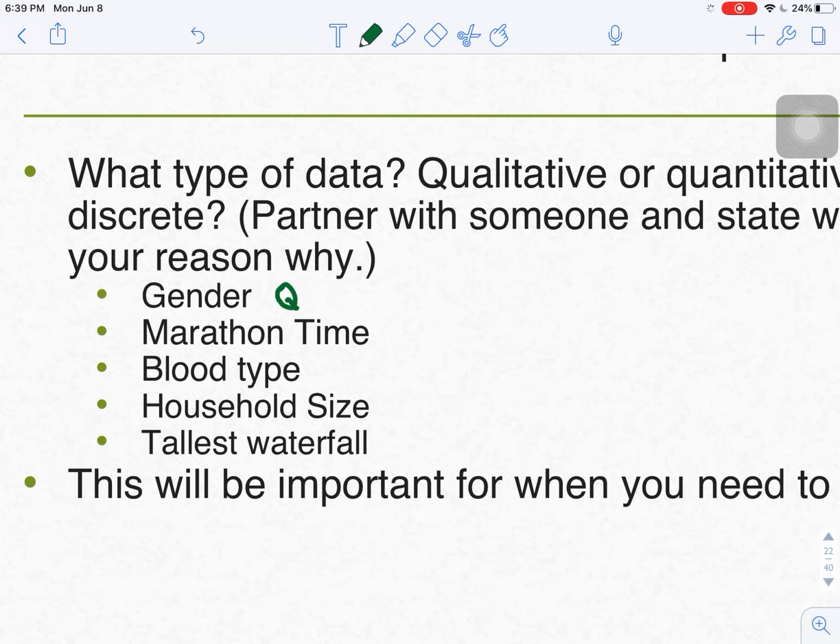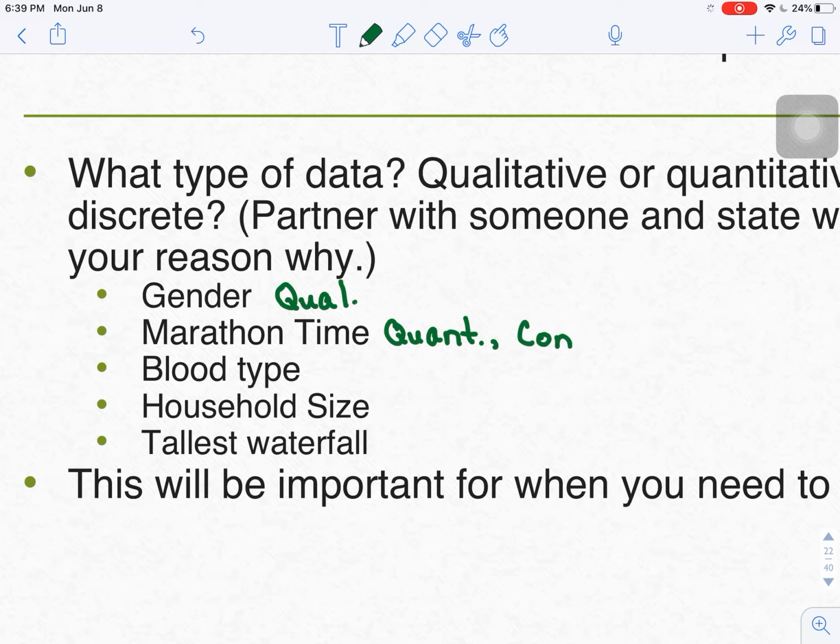When we're talking about gender, for gender, we are looking at qualitative data because it's male or female. It is our categories. With the marathon time, this is going to be continuous and it's going to be quantitative.